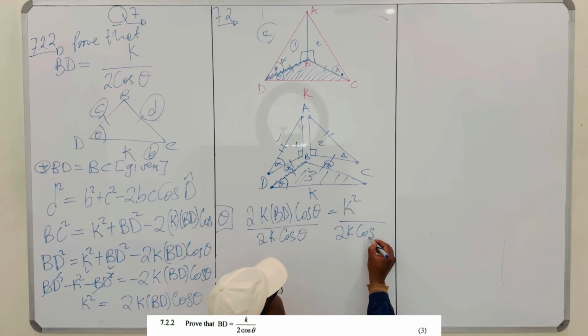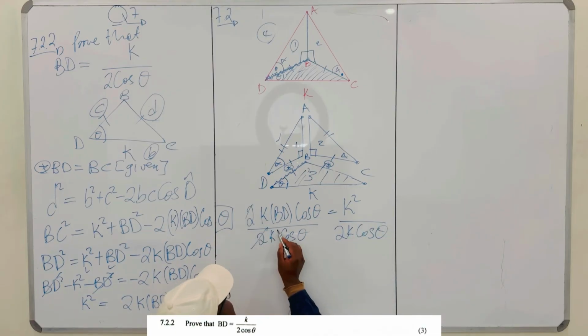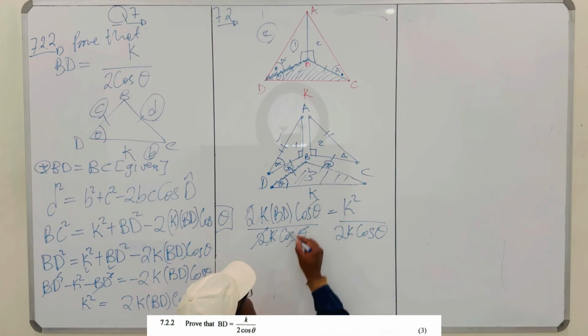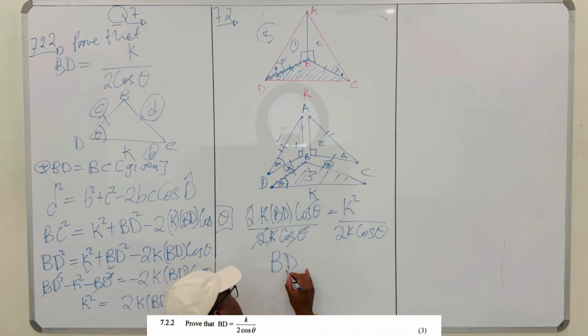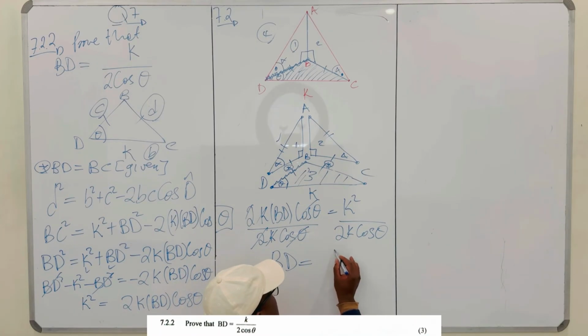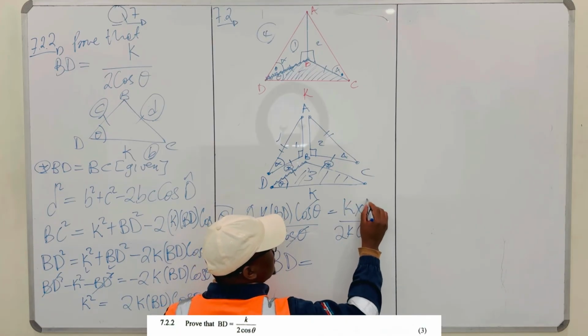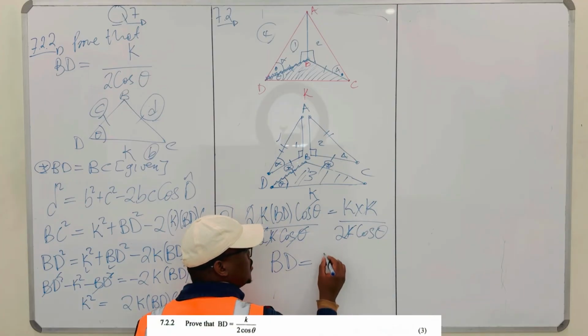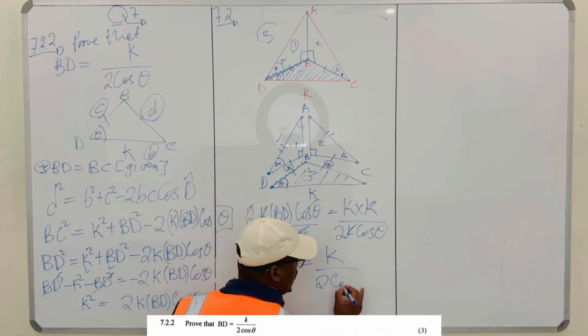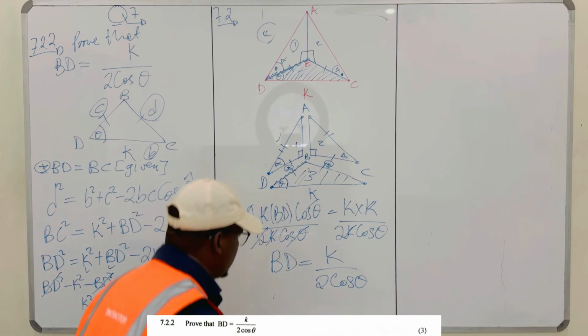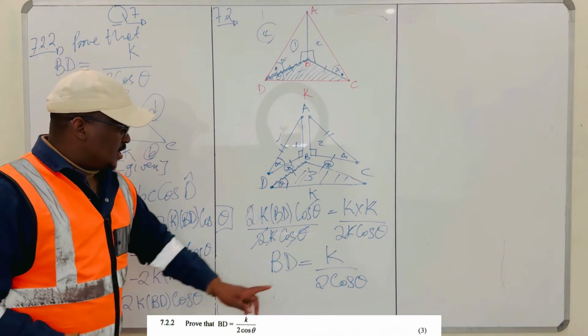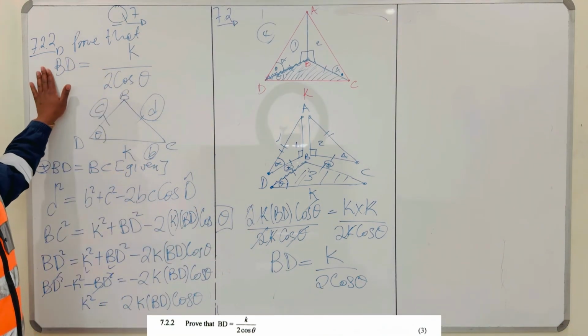The 2 goes away, the k goes away, the cosine goes away, so you're left with bd on this side equal to k squared, which is k times k. So one k goes away, and you're left with k over 2 cosine of theta. So that is your bd, which is what they wanted you to prove.